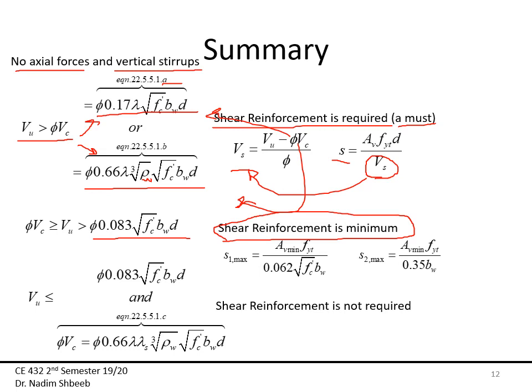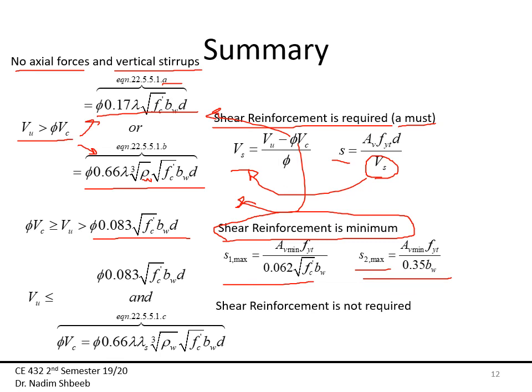So here I have to provide a minimum shear reinforcement, and that, from the table that I showed you before, comes from calculating one of those two, and from these two you get the minimum distance. So if S1 is less than S2, you use S1. If S2 is less than S1, then you use S2.